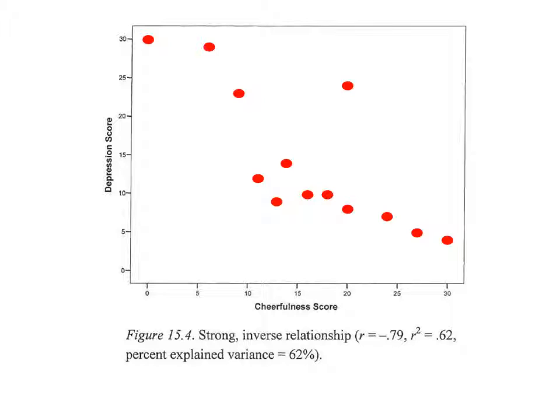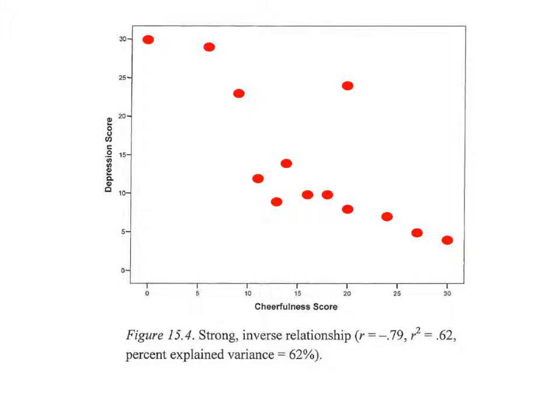So let's look at this from our scattergram. So here again, we see a negative or an inverse relationship. Now, one of the things is that we could have looked at Blair and Leslie having high cheerfulness scores, but they have the lowest depression scores, and Hilda and Oscar have the lowest cheerfulness scores, but they have the highest depression scores.